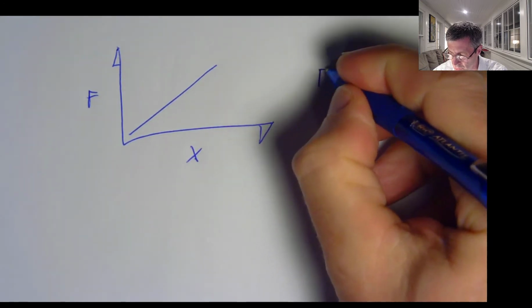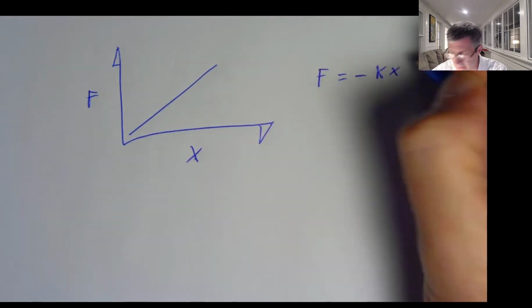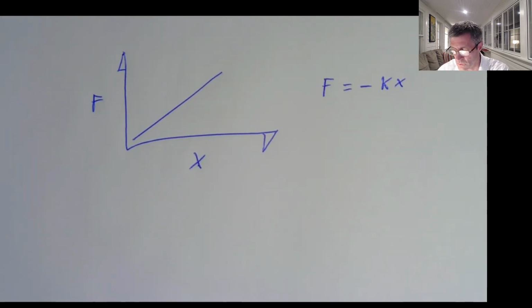The force, which is going in the opposite direction, has this linear relationship to the displacement. So the more you push on a spring, the more it pushes back.